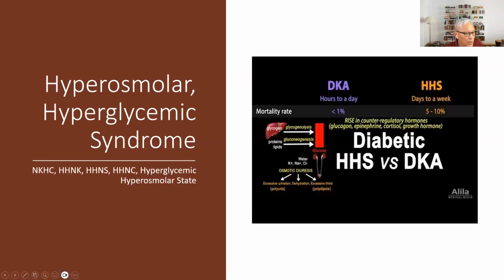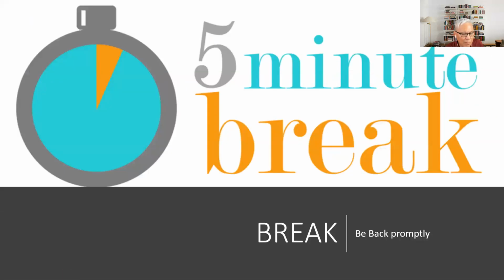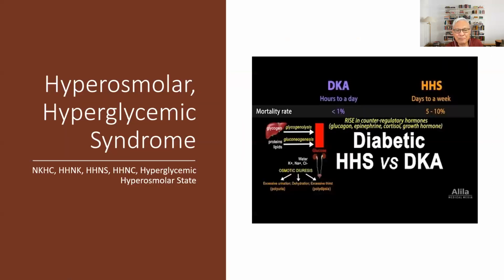Now, that was supposed to be our 5-minute break, but we were earlier than that. So now let's go to the other complication of diabetes, hyperosmolar hyperglycemic syndrome. This is one of two serious metabolic derangements that occur in patients who have diabetes mellitus.